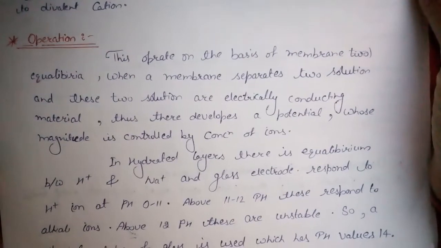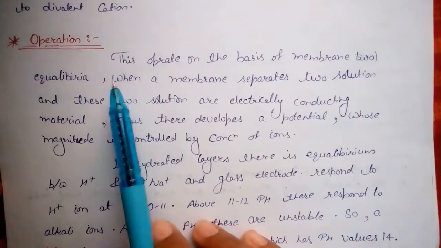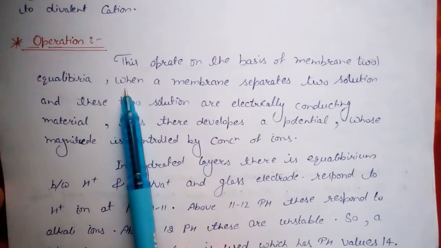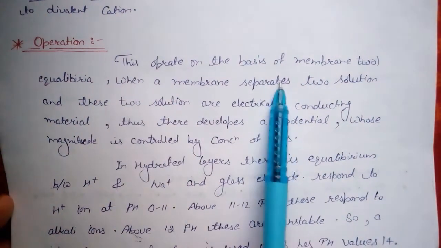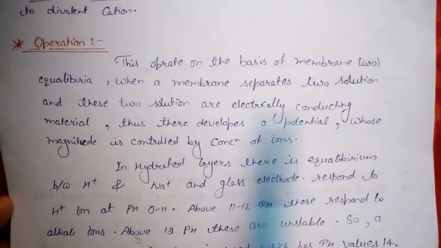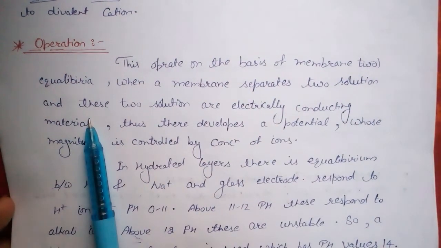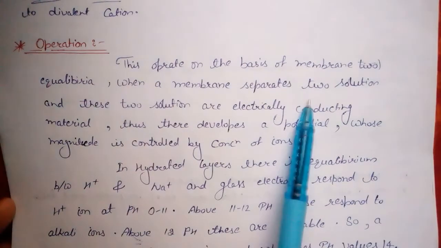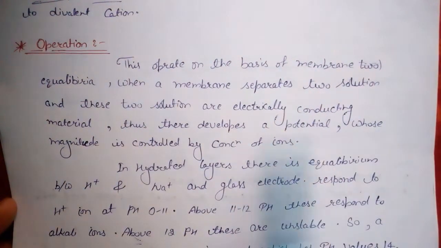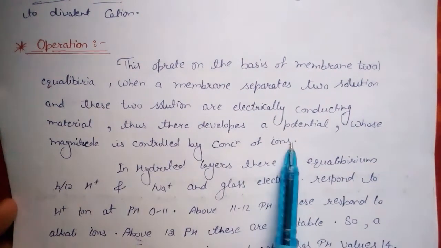After this, how will it operate? You can say what will be the working of it. This operates on the basis of membrane equilibria. When a membrane separates two solutions and these two solutions are electrically conducting, it means the solution should be electrically conducting. Thus, there develops a potential whose magnitude is controlled by concentration of ion.